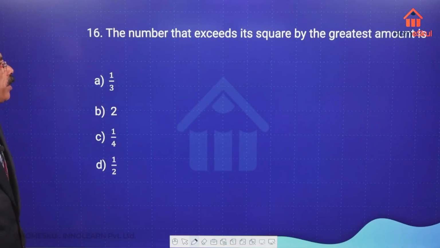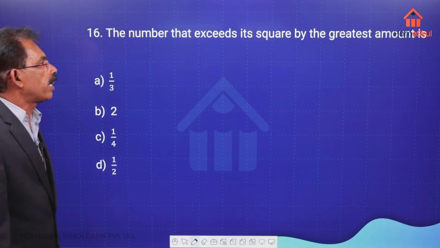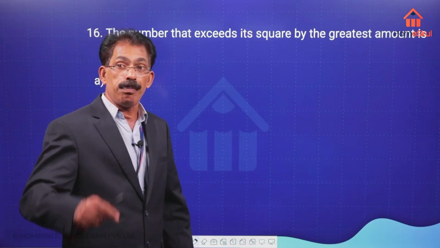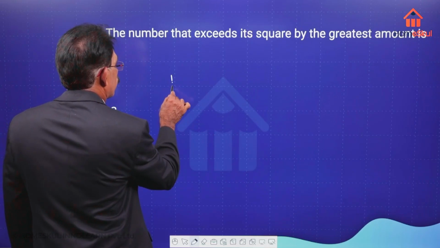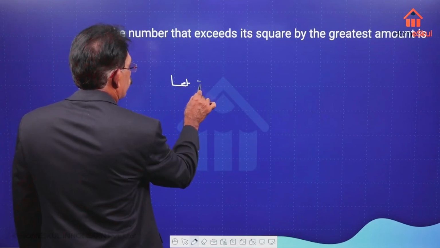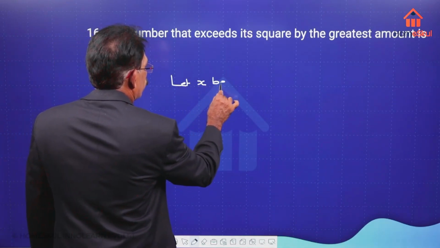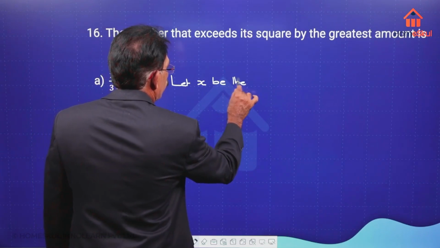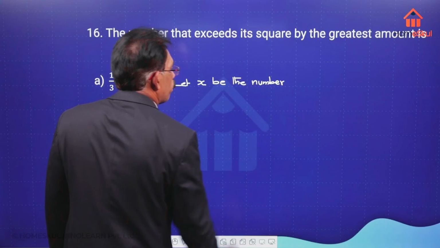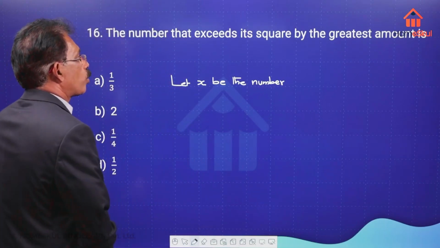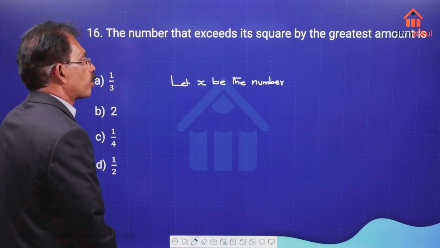The number that exceeds its square by the greatest amount. So let x be the number. The number that exceeds its square by the greatest amount.